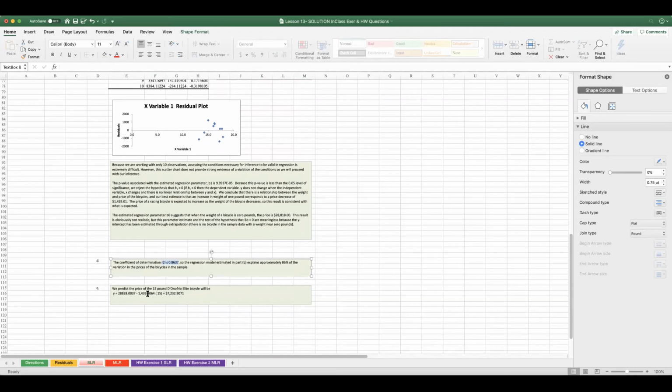And there's the equation. For a 15-pound elite bike, you would expect it to cost around $72.33. Right? So you take the intercept value you got in the equation, the coefficient for intercept, minus the slope times the number of pounds for that bike to get the answer. That's the expected price given the equation.